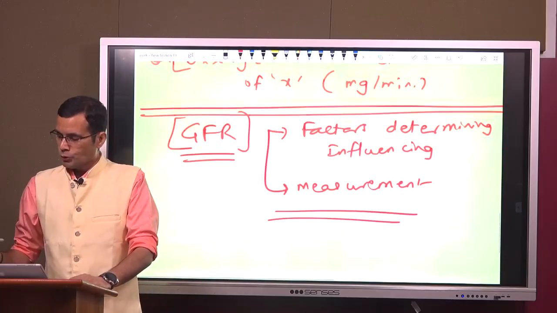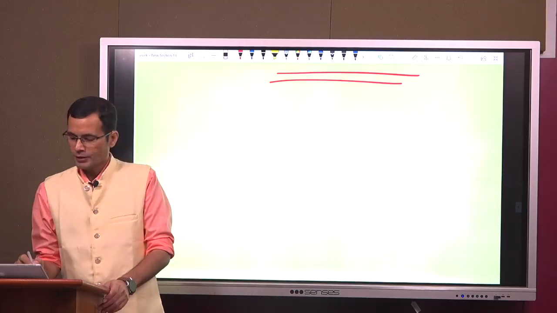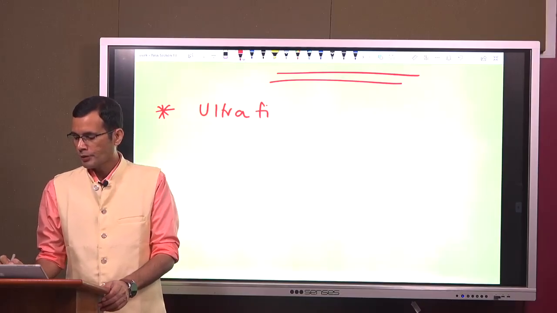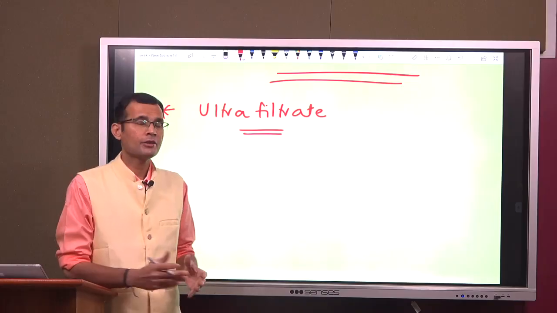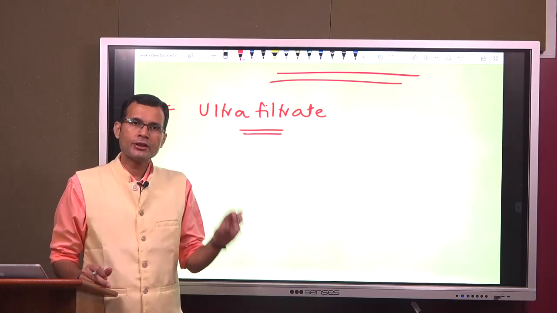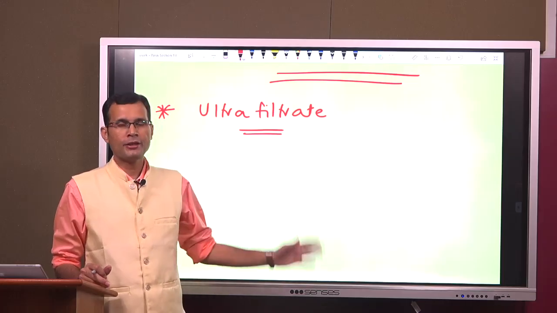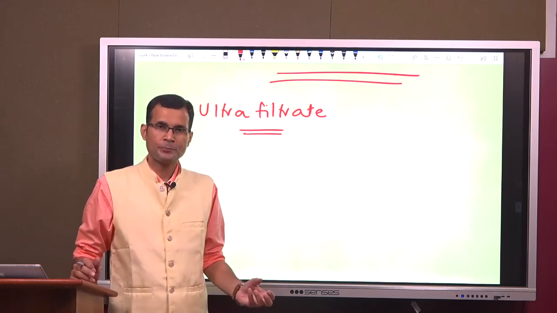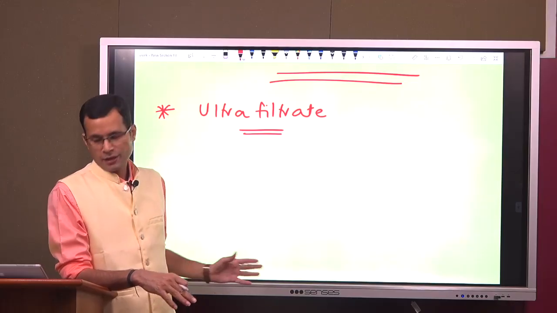Okay, so let's start. First of all, glomerular filtration, this is just introduction. Glomerular filtration is called ultrafiltration. Glomerular filtrate is an ultrafiltrate. Why? You know, the filtration which occurs under pressure is called the ultrafiltrate. So, glomerular filtration which is happening under pressure, the Starling's forces and the pressures, therefore, it is the ultrafiltrate.